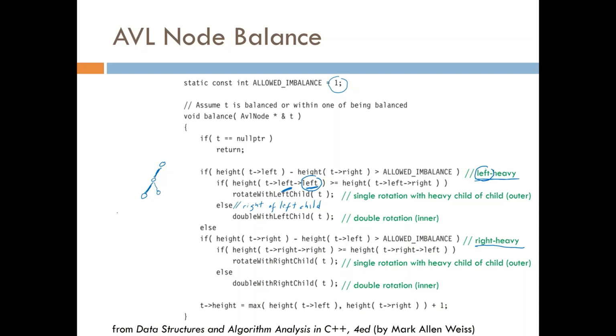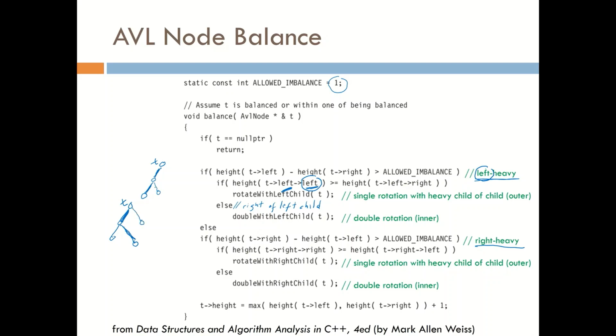Otherwise, if we had a situation like this, where this was the heavy tree, right? So the tree is left heavy. This is T here, and this is T. So from the perspective of T, in both of these cases, T's left child is what's heavy, right?